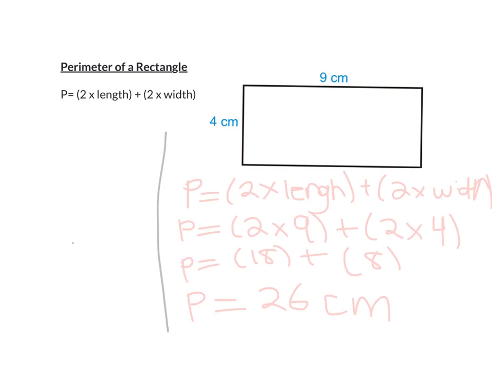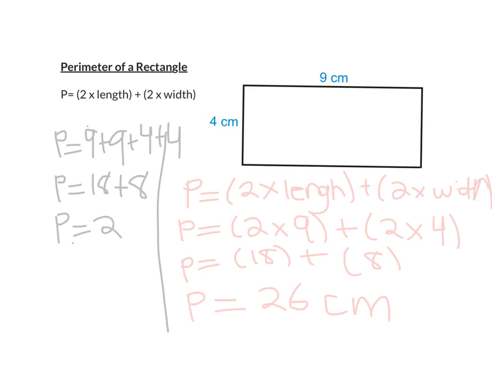So P equals 9 plus 9 plus 4 plus 4. I'm just running out of room. So P equals, if I want to break this down, so 9 plus 9 is 18 plus 4 is 8. So perimeter equals 26 centimeters.